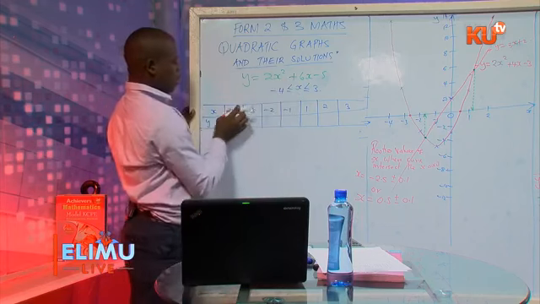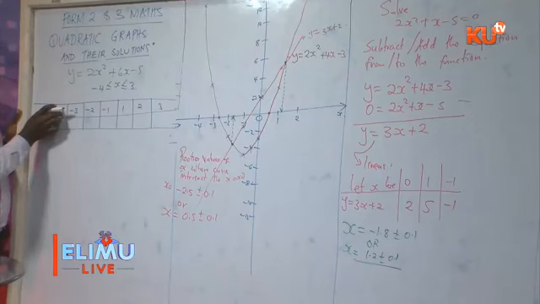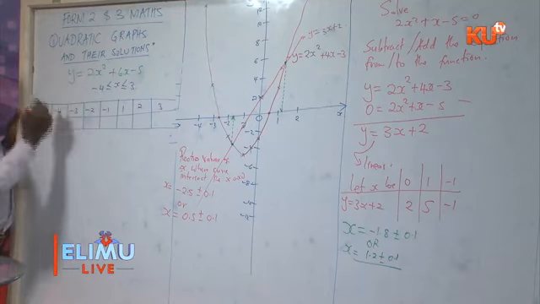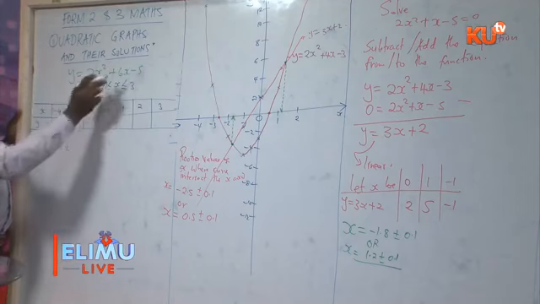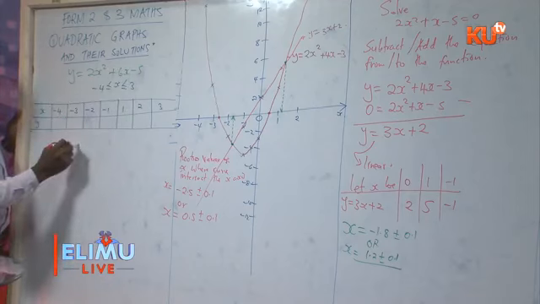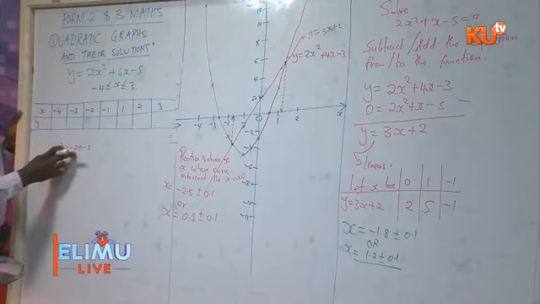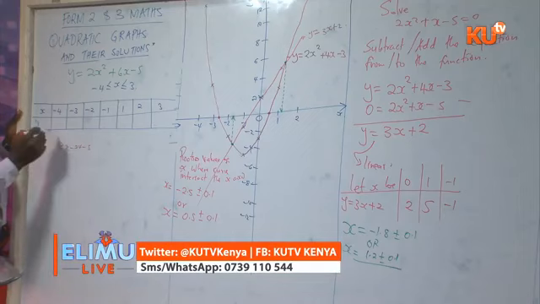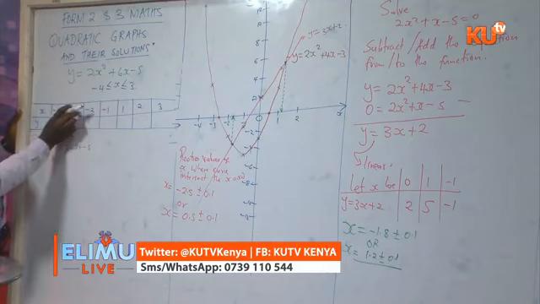We start with this part, 2x squared. So I square negative 4, you get 16. Times 2, that gives you 32. And negative 4 times 6 gives us negative 24. Then minus 5. So this is positive 8 minus 5, which is 3. Do the same for this.